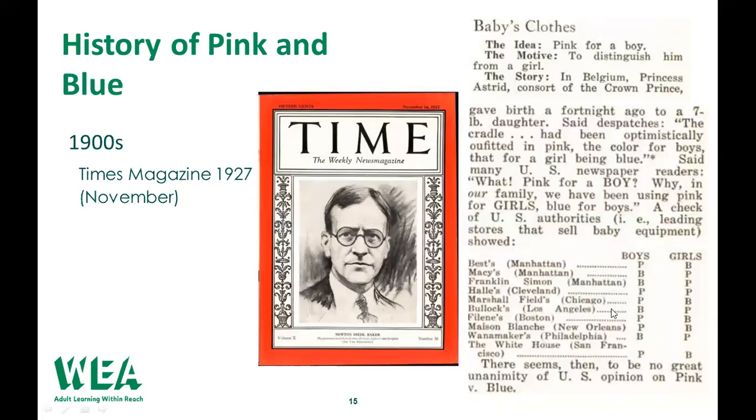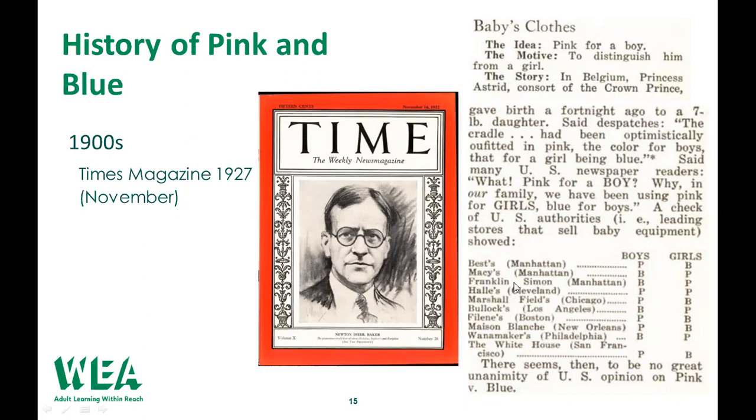And there's a table at the bottom here showing what geographical areas in America, and what colours were used. So this is in 1927, so it's after the First World War. You've got Manhattan, you've got the different department stores here.